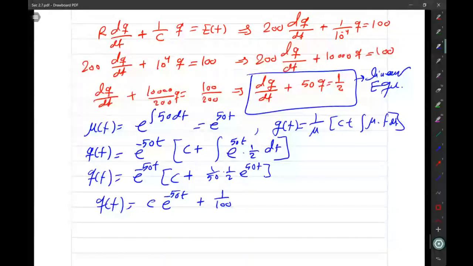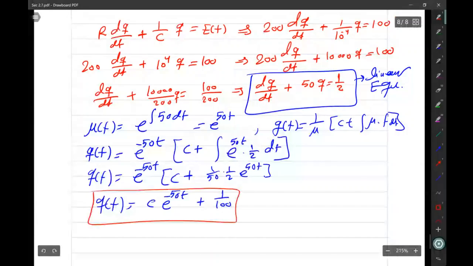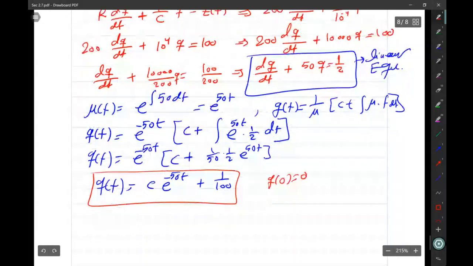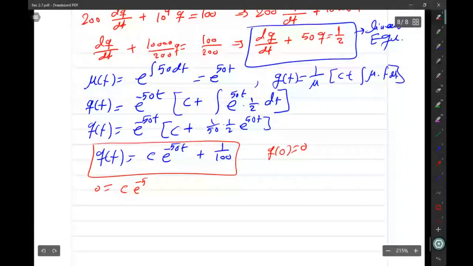Now we need to find the constant c. How can we find the constant c? We have q of 0 equal to 0, given in my question. So 0 is equal to c e to the power minus 50t plus 1 by 100.